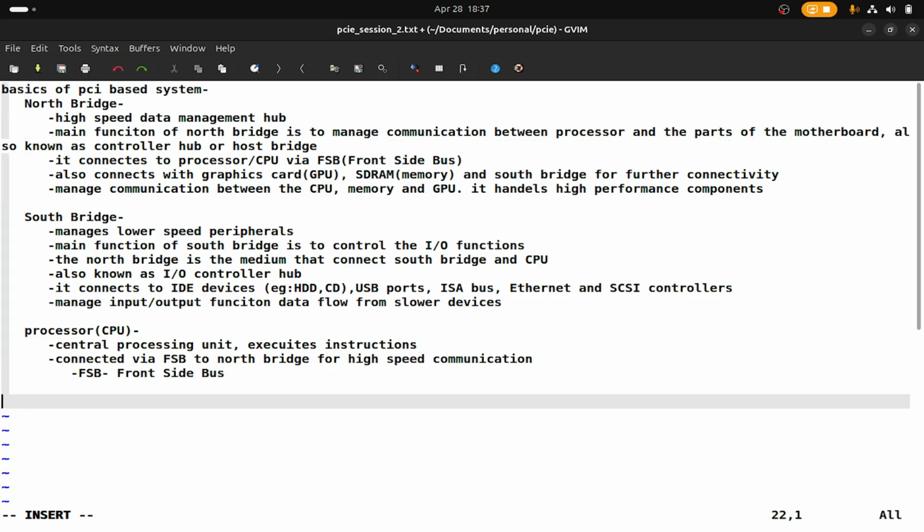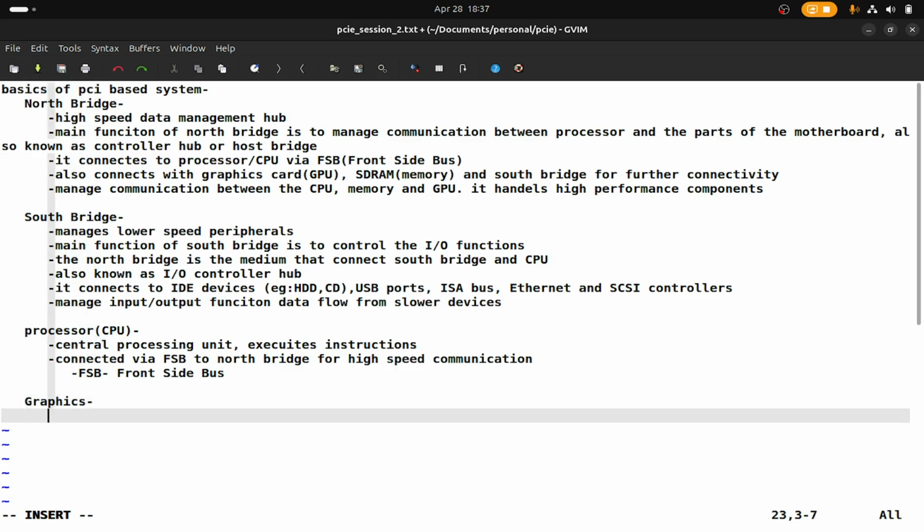Now the next point is graphics. It is basically GPU, or there is something called the AGP slot, right?